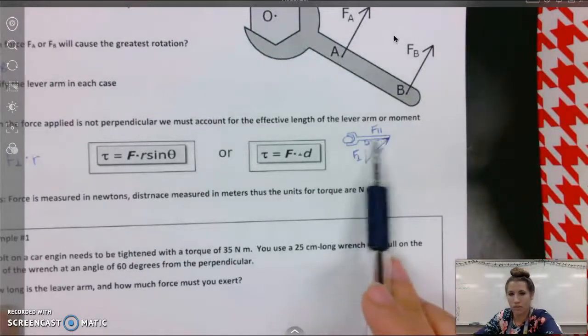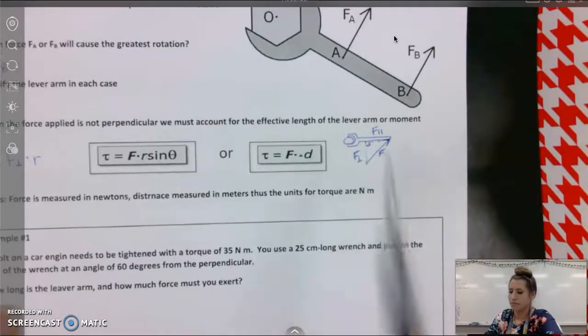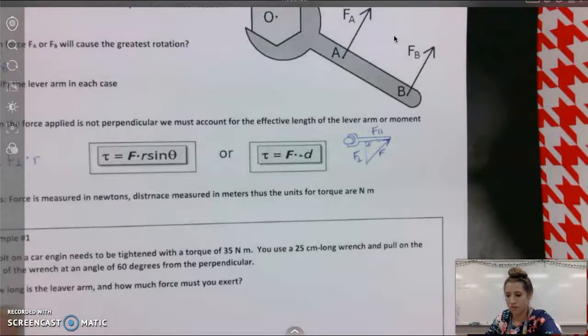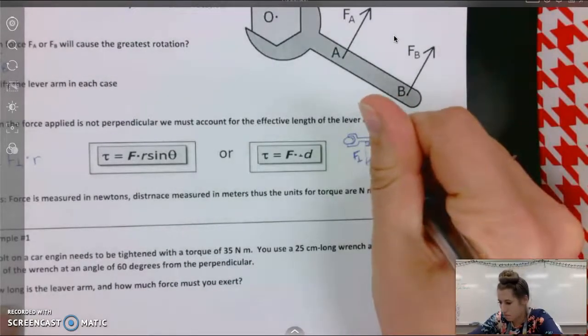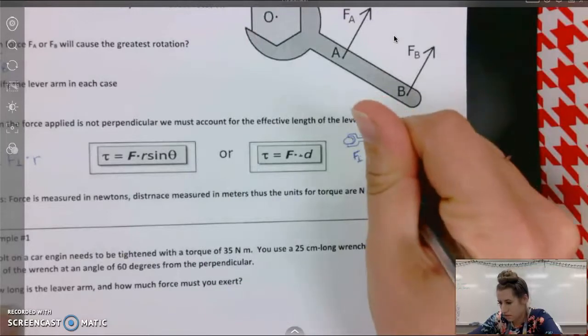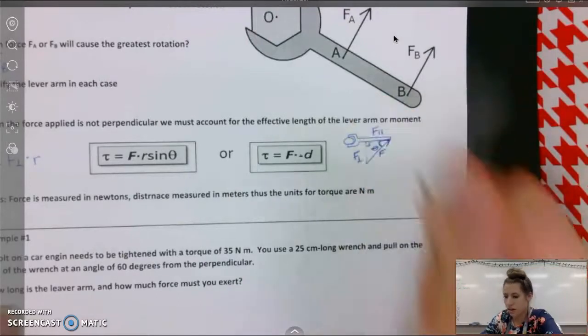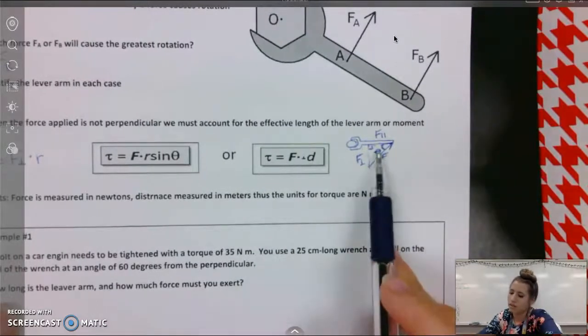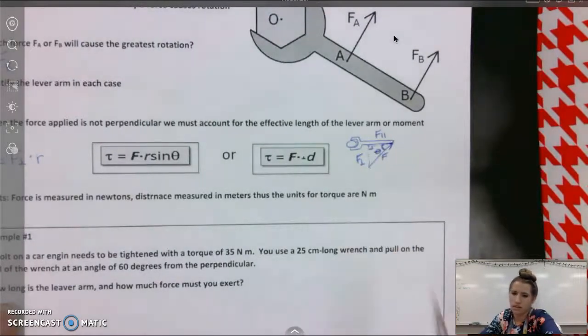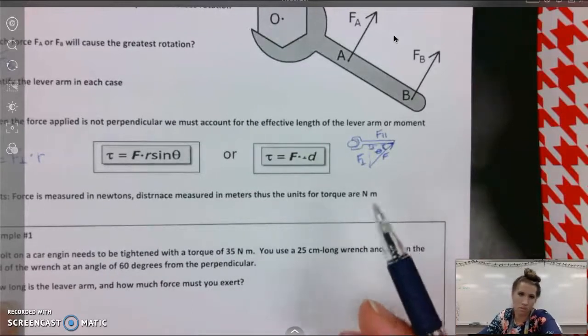This component of the force is parallel to the lever arm. And we'll have some theta, right? Some theta that tells us that angular displacement.